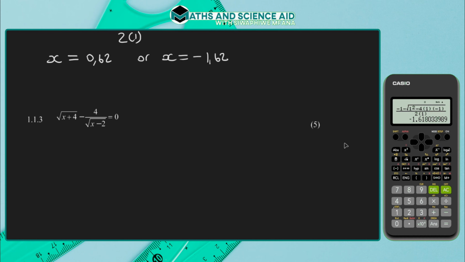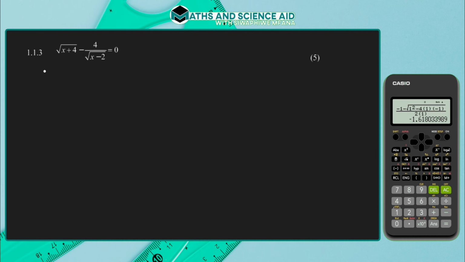Moving on to the next question. Okay, so here for 1.1.3, we have quite a complex equation, because the first thing we notice is that we've got square roots here, and the second term is a fraction with the square root as the denominator. So how can we solve for x in this one?